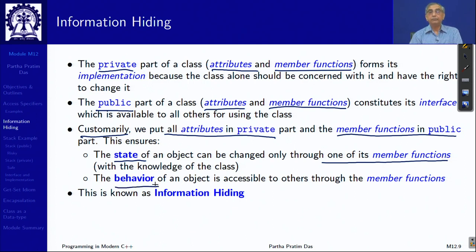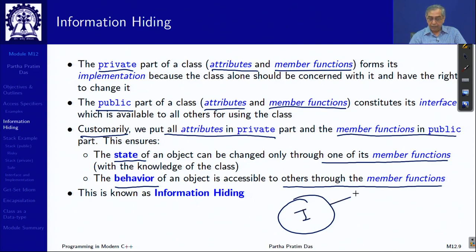And the behavior is a service that you are giving to others, like the stack is giving the service to push, pop, check for emptiness and get the top marker and so on. That behavior is accessible to others through the public member functions. And this mechanism of separating out the implementation, which is here, from the interface, these are the different member function interfaces, is the basic notion of information hiding.